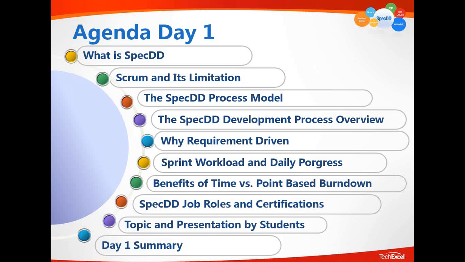And then we'll be talking about the SpecDD process model. Today's session on day one will be covering more on the core process of the SpecDD model, which is the development process.